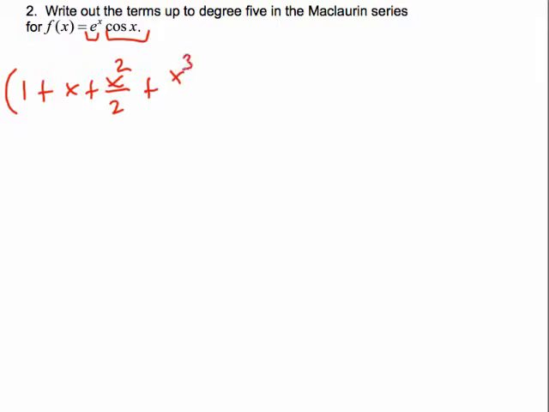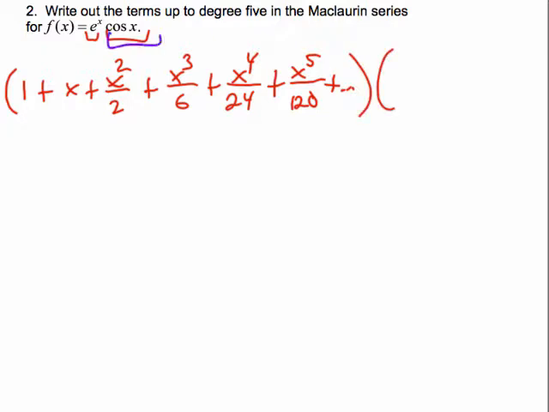X cubed over 3 factorial, which is that. 4 factorial, which is that. Over 5 factorial, which is this. Plus dot dot multiplied by cos, which is 1 minus x squared over 2 factorial plus x to the 4th over 4 factorial, which would be 24, and on.